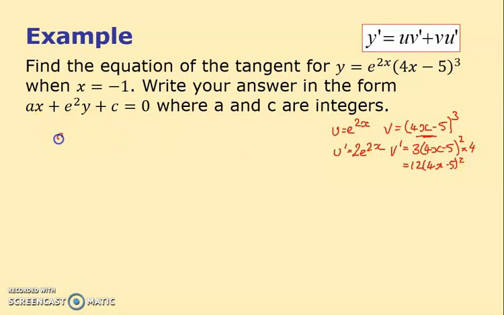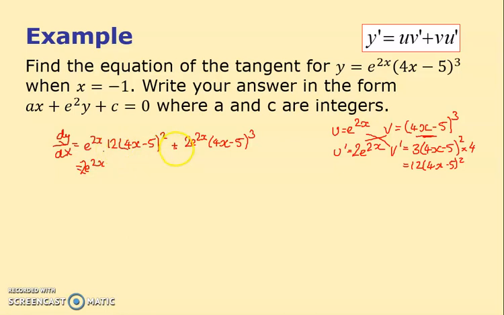So dy by dx, I want the equation of the tangent, so I definitely want to differentiate it, equals these two, e to the 2x times by 12 lots of (4x minus 5) squared plus 2e to the 2x going the other diagonal times by (4x minus 5) cubed. So what can I take out as a common factor? Definitely 2e to the 2x, like that.